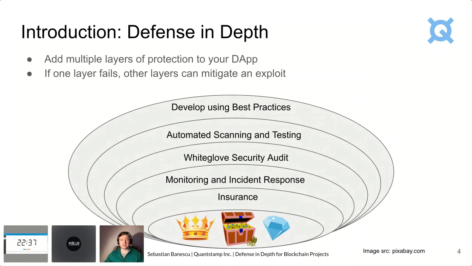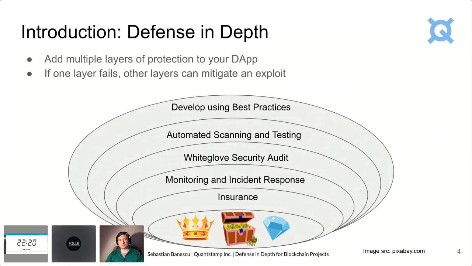And you can see the attackers coming from the outside and trying to get to your crown jewels. And if your layers are strong, then the attacker is going to have a hard time getting there, right? That's the idea.